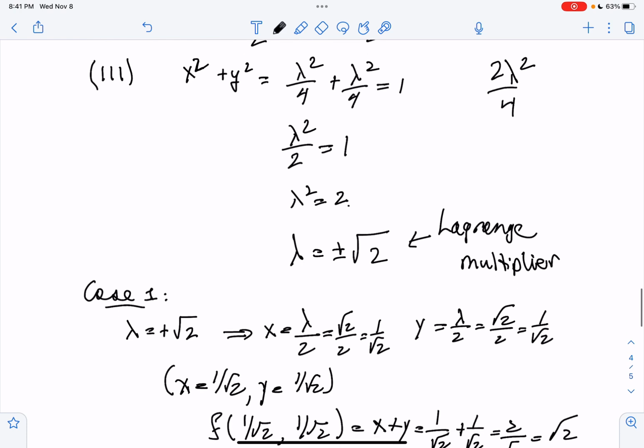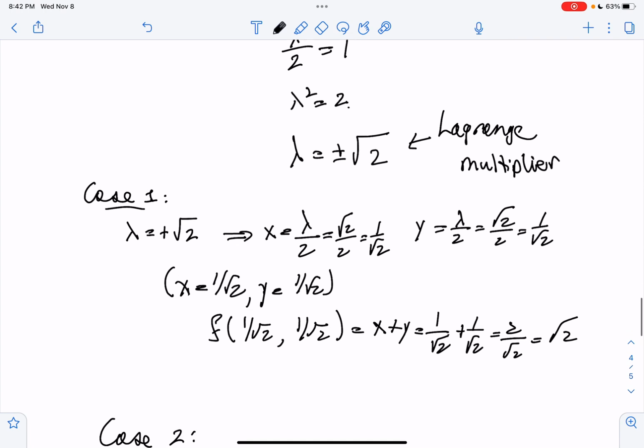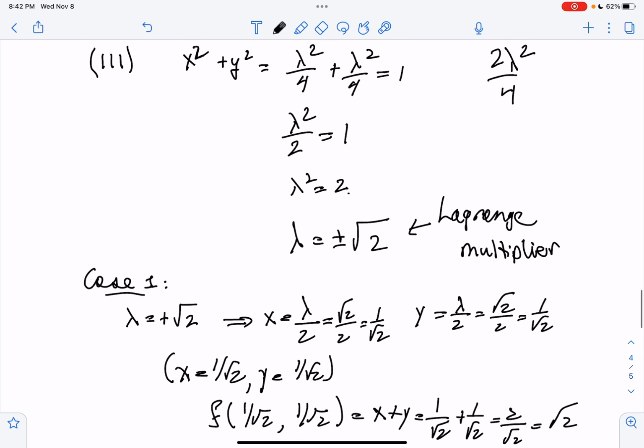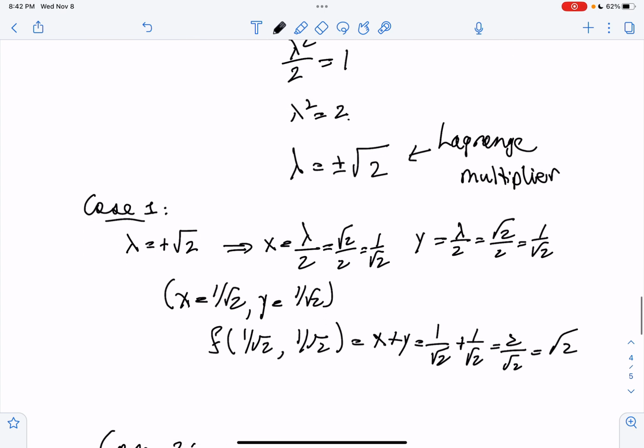So we're going to do two cases. Actually, one will give the global max, and one will give the global min. If we take the positive square root, lambda equal plus square root 2, since x is lambda over 2, it will be root 2 over 2, or 1 over root 2.